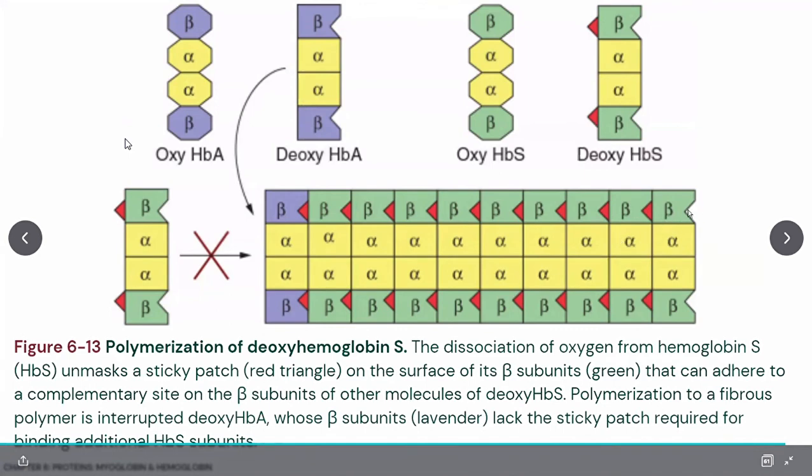This occurs in the spleen, because the structure there is like a filter, with very, very small holes. And your RBC has to pass through there. But the hemoglobin has already hardened on one side. And that would, of course, rupture the RBC.